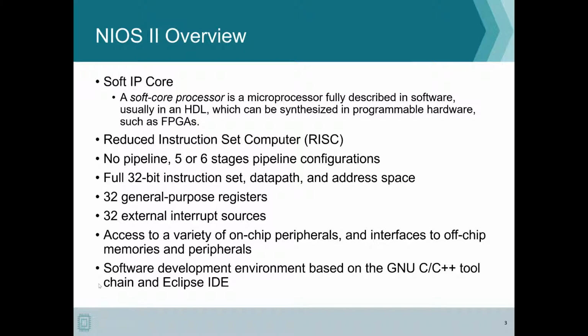The data path is 32 bits, and the address spaces also are 32 bits. So it has 32-bit general purpose registers, just like your AVR, which we saw in the last module. We also have interrupts, and also a bunch of peripherals and interfaces to off-chip memories and other peripherals.